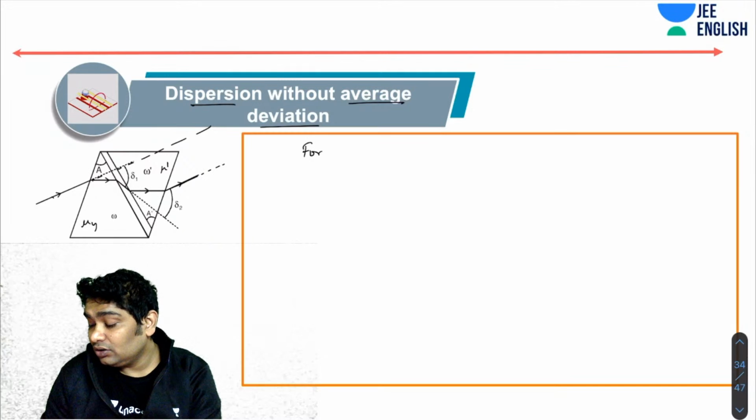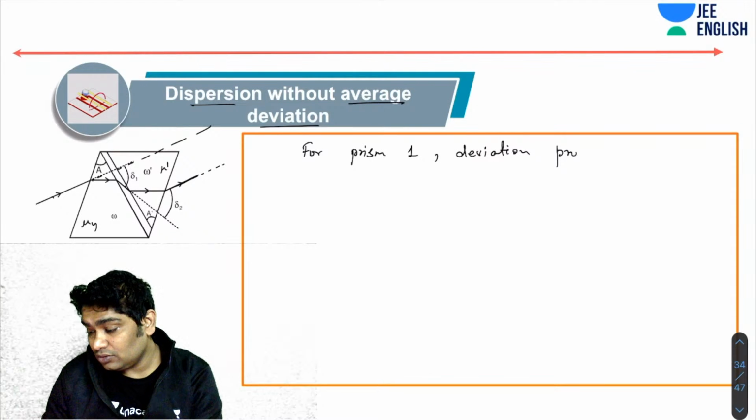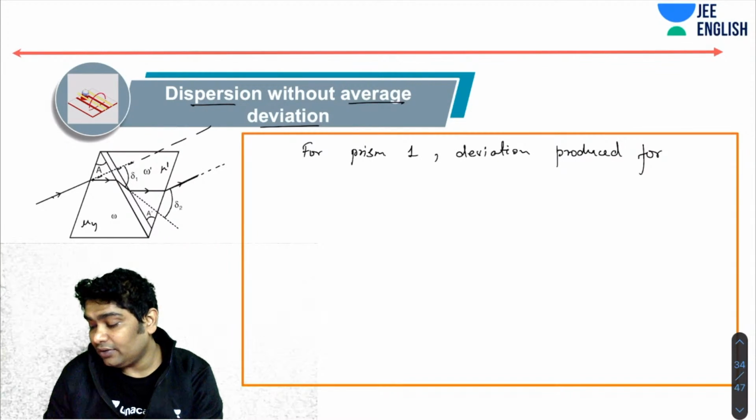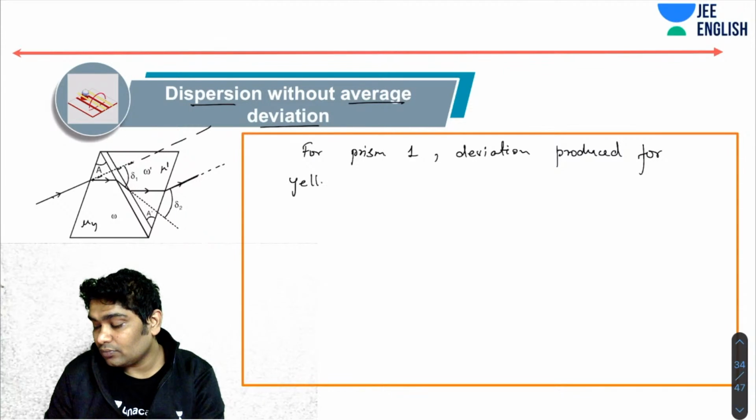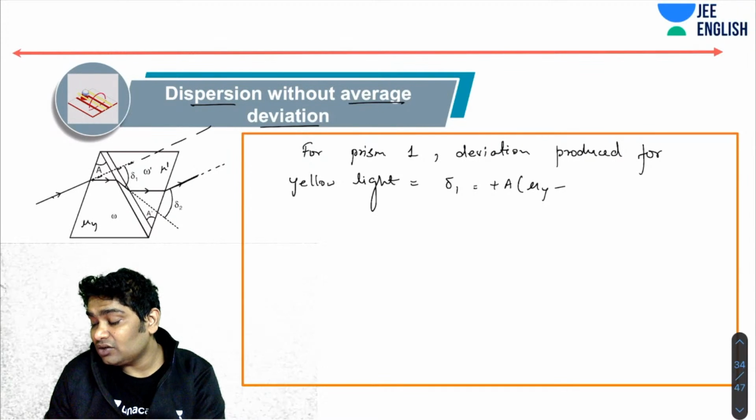For prism 1, the deviation produced for yellow light would be equal to delta 1 is A times (mu y minus 1).